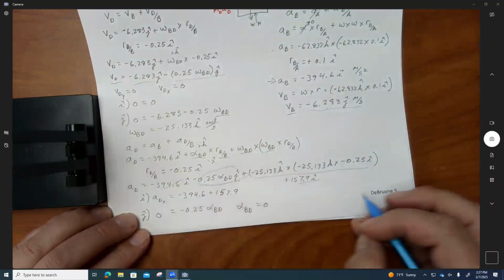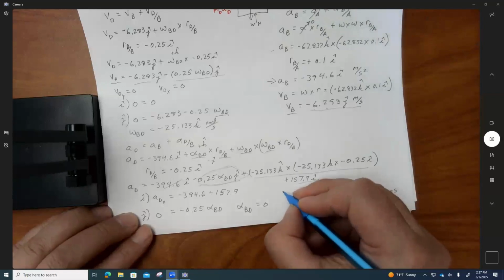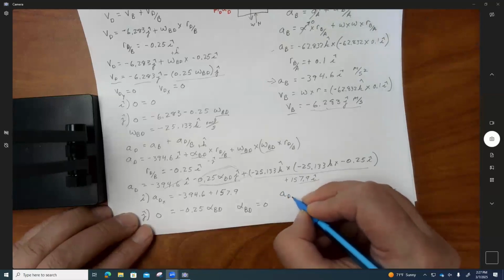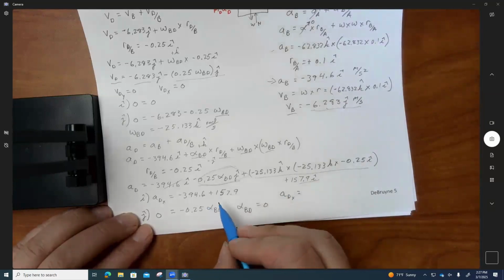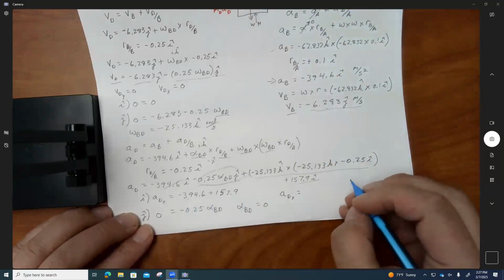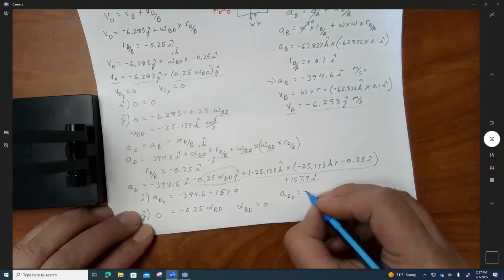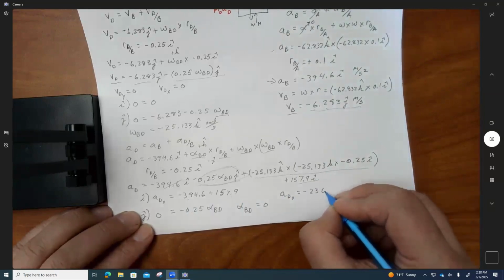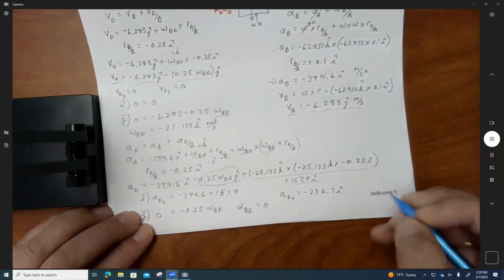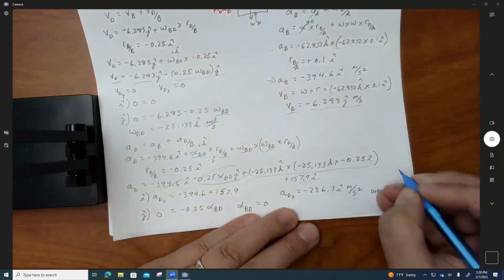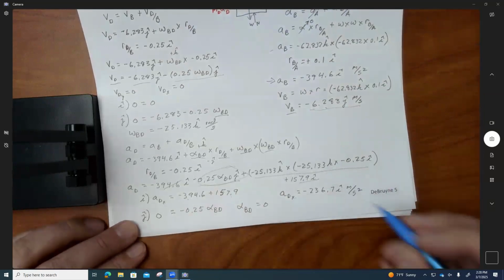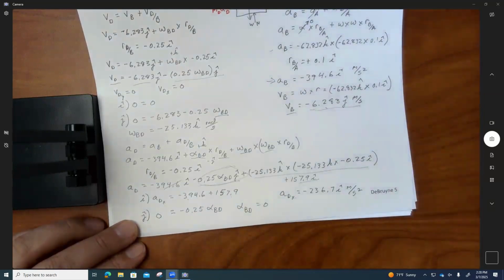My acceleration for D in the x direction is going to end up being these two terms added together, which ends up being a negative 236.7 i, in meters per second squared. So I found the acceleration of D.